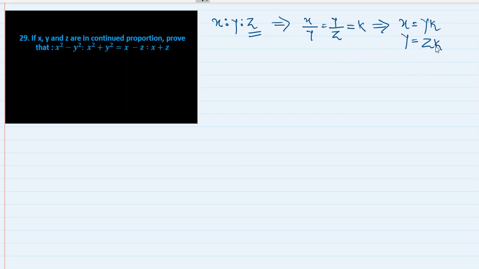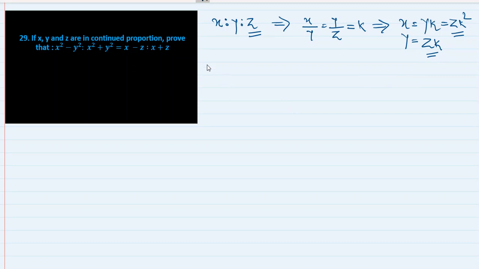So in the place of y, I'm going to put zk. Wherever there is y, I'm going to put zk. But see, x is equal to yk. Now in the place of y, if I put zk, it will become zk into k, that is zk square. So x is nothing but zk square and y is nothing but zk.